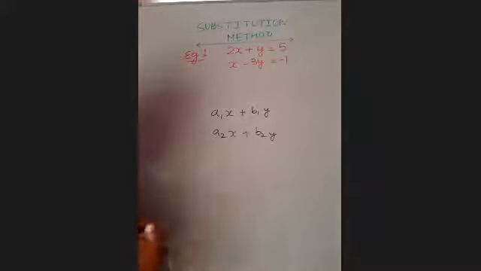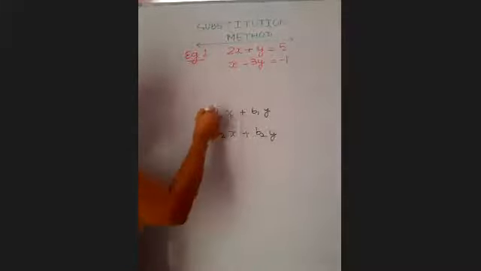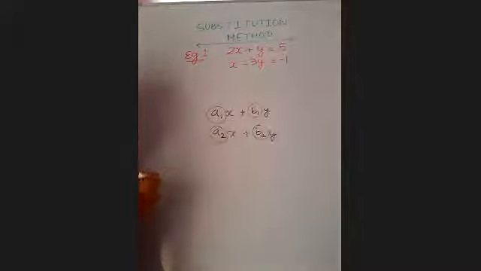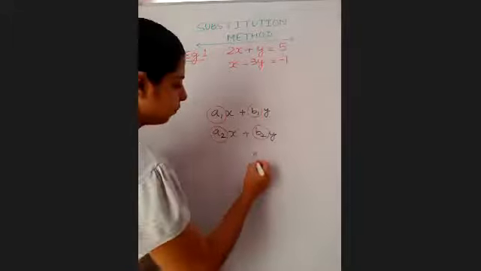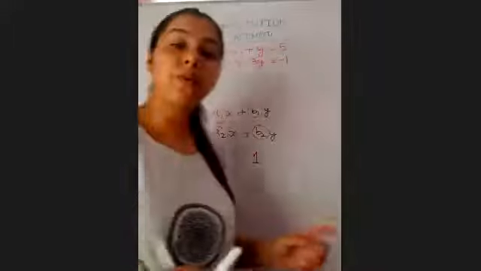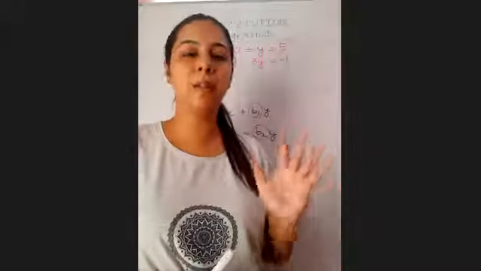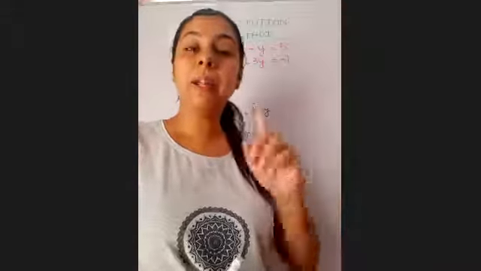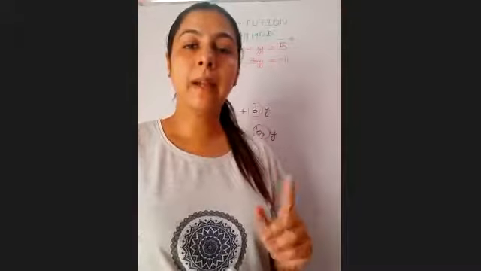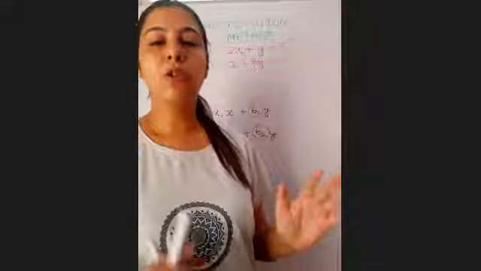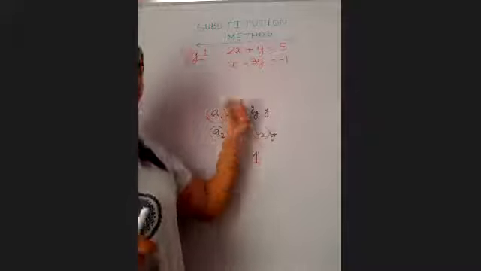Out of these four, A1, A2, B1, B2, whichever is one, go for that first. It will always be easier. It's not that if you go for anything other than one, it will be wrong. No, it will not be wrong, but it may be a little complicated.